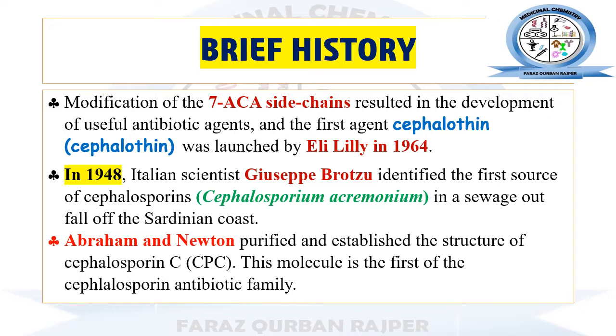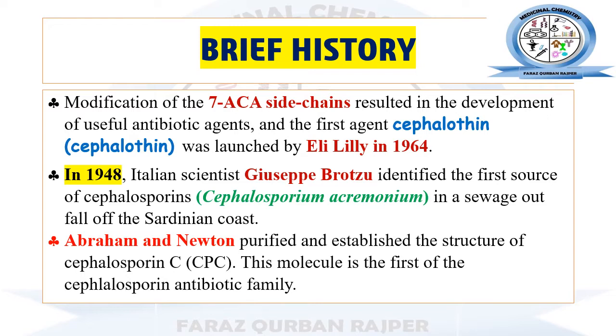All of these differ from one another by the presence of certain different functional groups in the side chain. The first of these agents was discovered by Lilly, and cephalothin was launched into the commercial market by the Lilly company in 1964.